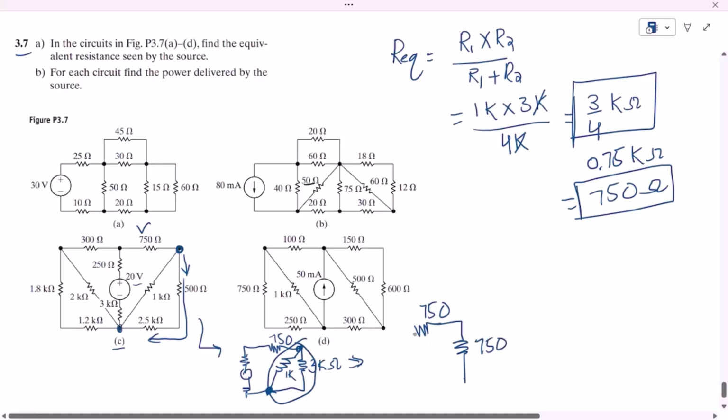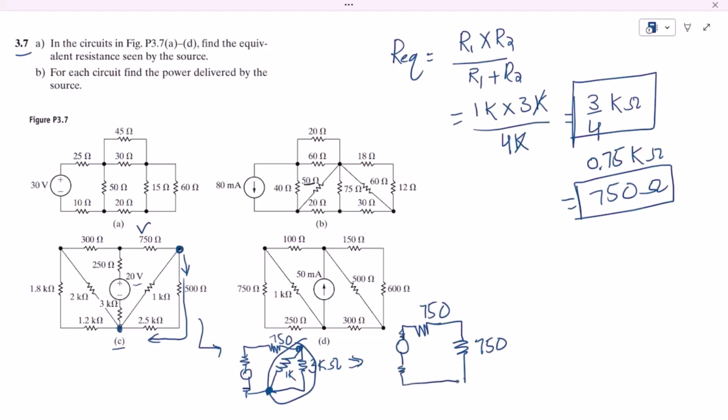The source plus this resistor plus source plus another resistor are here, while this is the other side of the circuit. If I combine them, I get 750 plus 750, because these two are in series with each other, so it will be 1500 ohm.